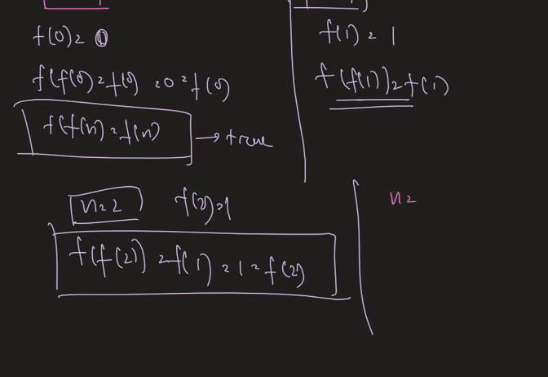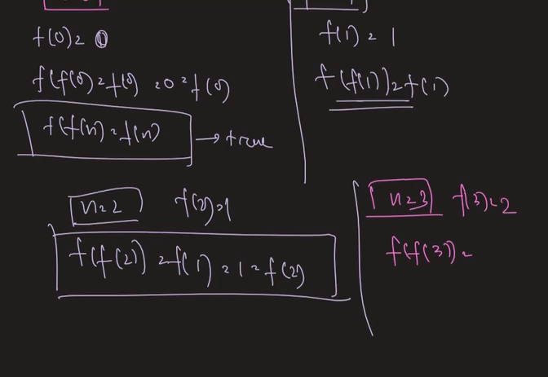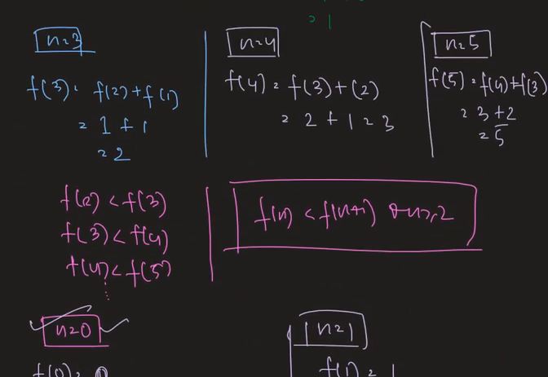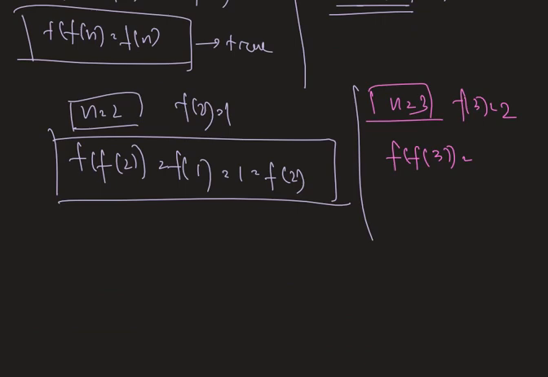Now let's check for n = 3. The value of f(3) is equal to 2, therefore f(f(3)) = f(2), and f(2) is equal to 1, which is not equal to f(3).